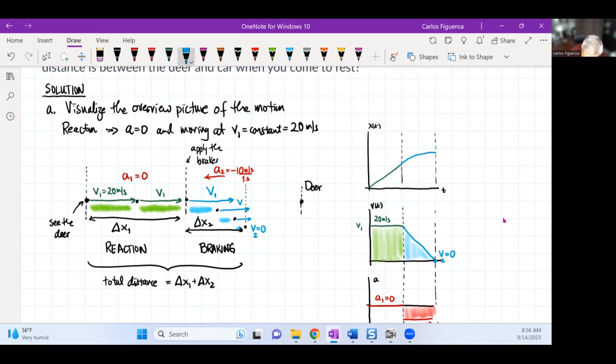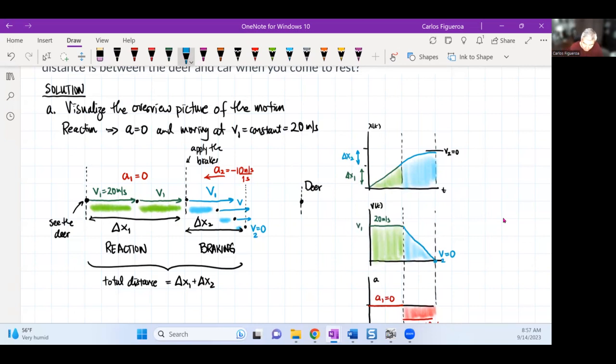When I get to the very top, note that the slope is flat there, which tells me that V equals 0. So this distance here is delta x1, and this distance here is delta x2.